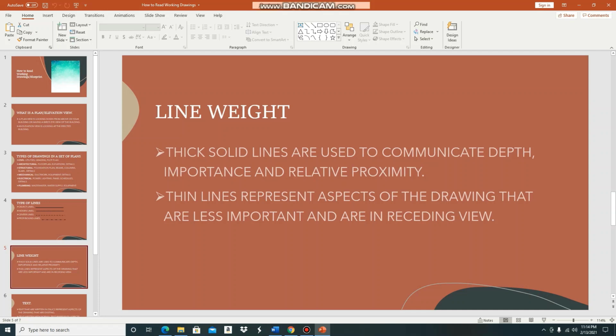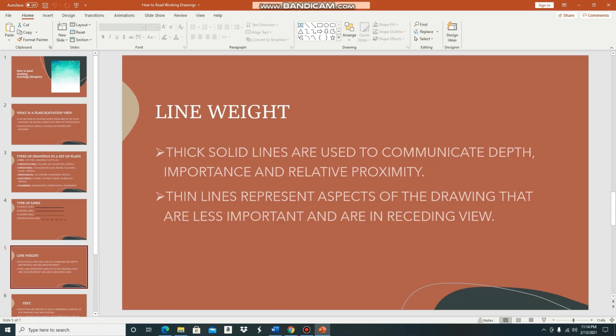Now, let me explain that a little bit further. When you see a thick line, that just means that the object is closer to you. When the lines are thin, that means the object is further away from you. So that's all that is.